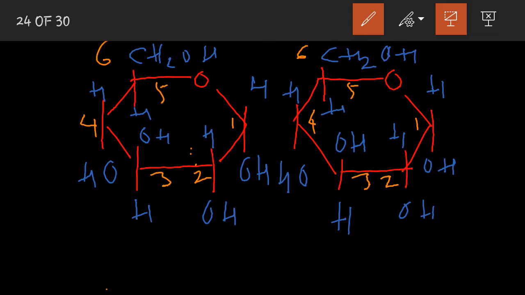I have written 2 alpha D plus glucose. Is it maltose? No. Carbon number 1 of one glucose links with carbon number 4 of another glucose by the loss of water molecule. I'll show now.